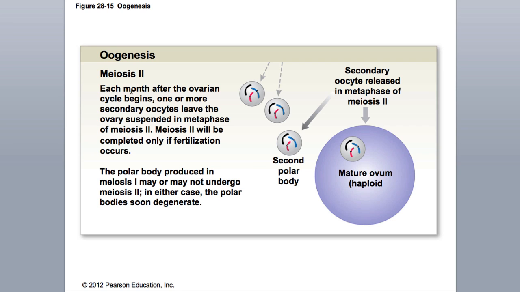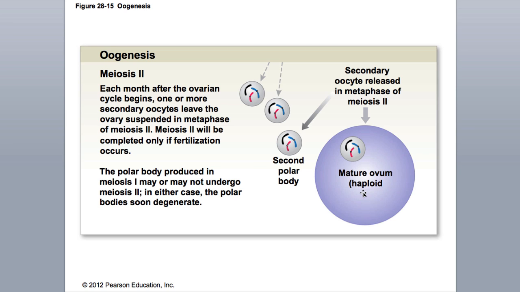It says, each month after the ovarian cycle begins at puberty, one or more secondary oocytes leave. Now, this right here, called the mature ovum, is your secondary oocyte that has been released from the ovary.